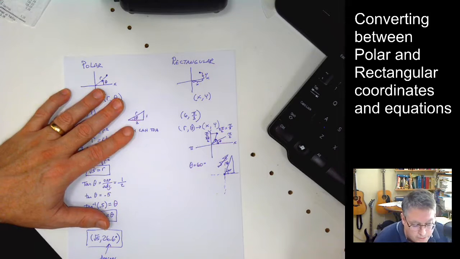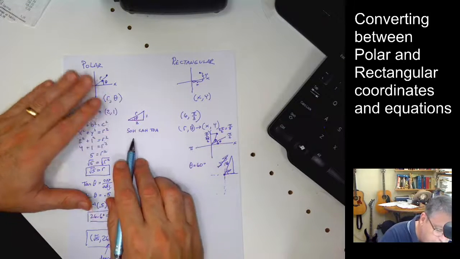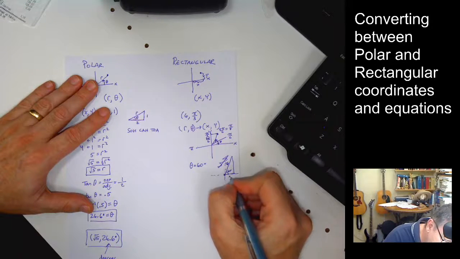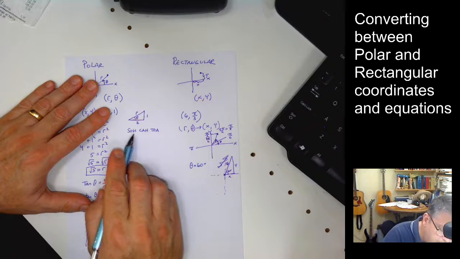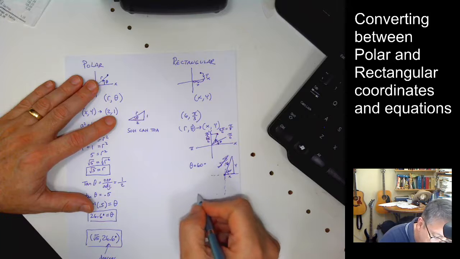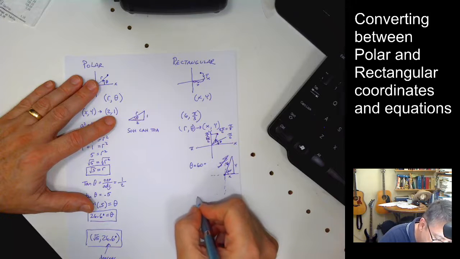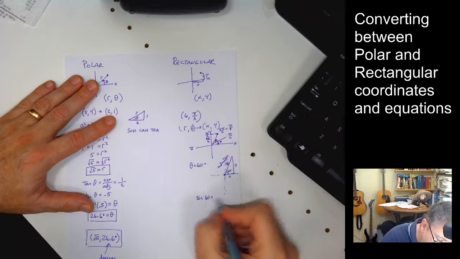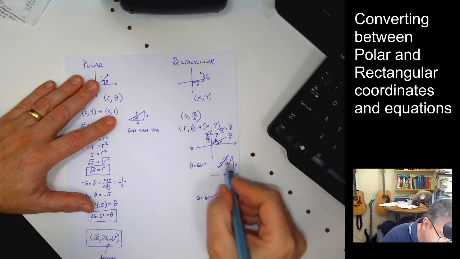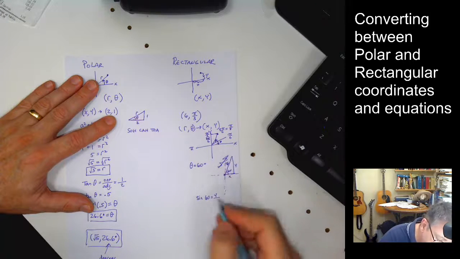Now we can get pretty quickly where we want to go, right? We've got our SOHCAHTOA. We've got our x and our y. Sine equals opposite over hypotenuse. So the sine of 60 equals the opposite, that's y, over the hypotenuse, that's 6, that's the r that we're already given.